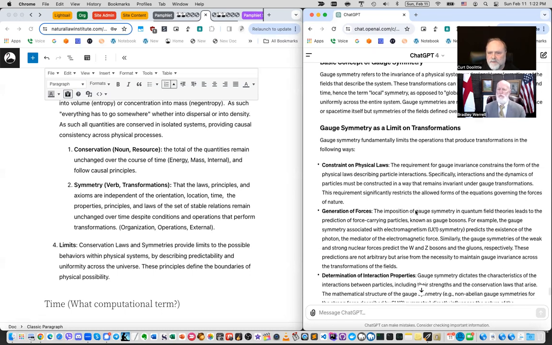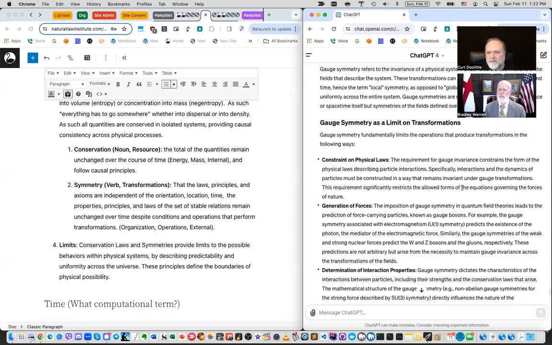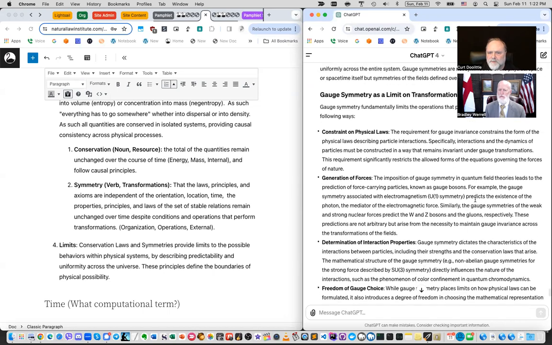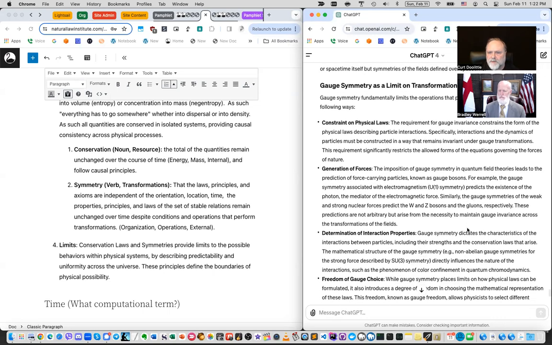Governing forces of this significantly restricts and allows equations governing the forces of, so what? The imposition of gauge symmetry on quantum field theories leads to the prediction of force carrying particles known as gauge bosons, for example. Yeah. That doesn't mean that predictions of the existence of the photon. Predicts similar gauge symmetries of the weak and strong forces.